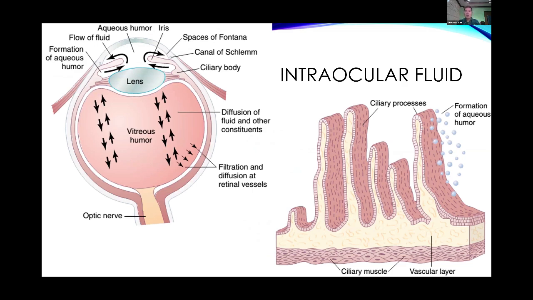Okay? So intraocular fluid now, remember, let's try to look at this cross-section again. We have talked about the cornea, we have talked about the lens, we have talked about the ciliary muscles, we have talked about the suspensory ligaments. Now let's talk about the fluid component. So you have two fluid components of the eye.